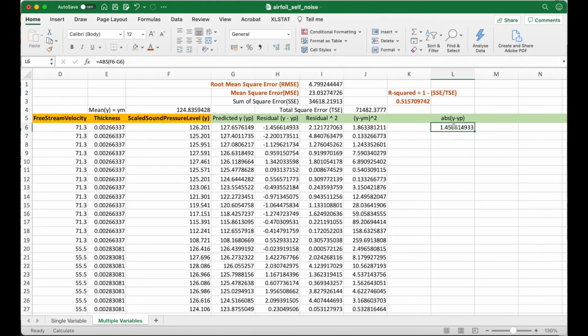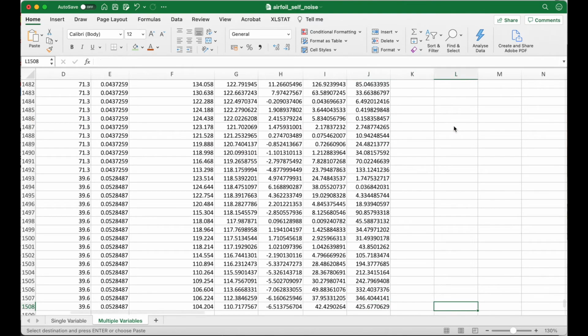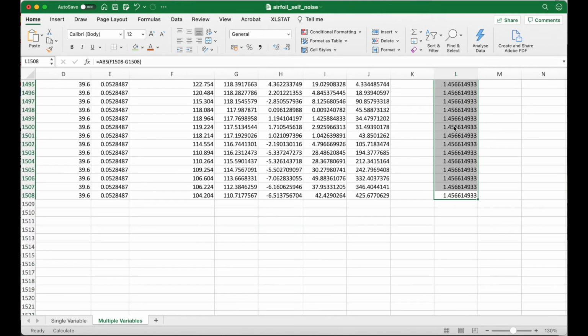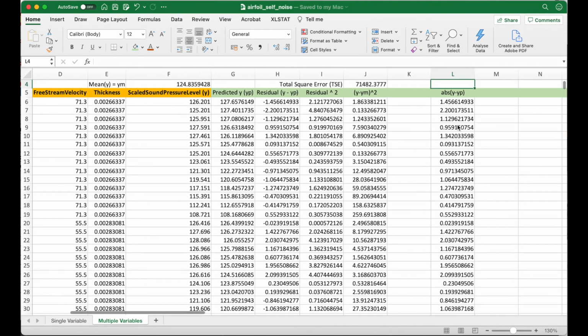So I have got this. I could copy this across. So there I have determined the value of y minus y predicted absolute value.